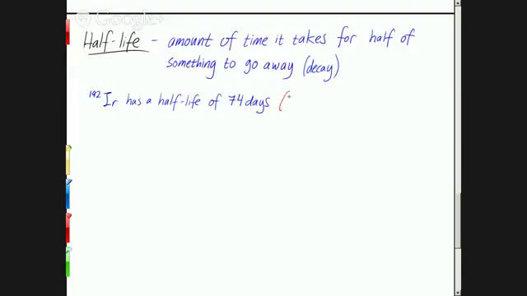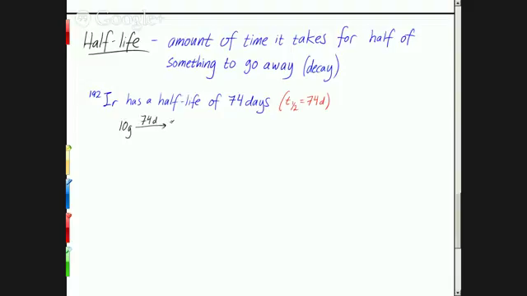The way that's written is T1/2, the symbol for half-life, equals 74 days. You'll see on the radioisotopes upstairs in lab, this will be listed for each one. It'll tell you the half-life for each one. So iridium has a half-life of 74 days. That means that, let's say we had 10 grams of it.